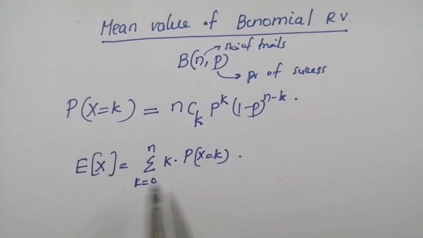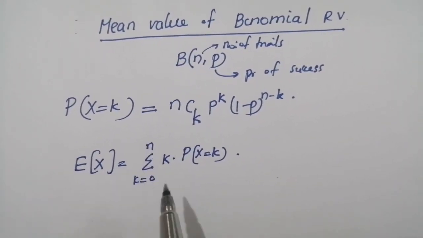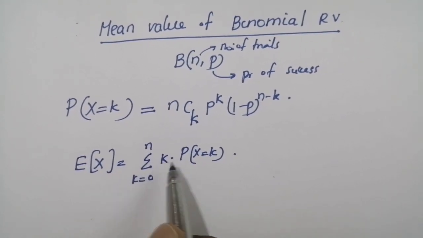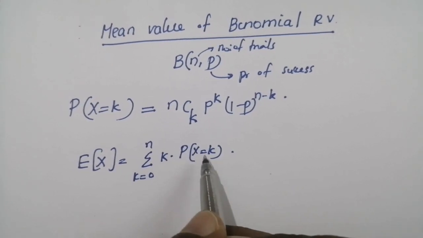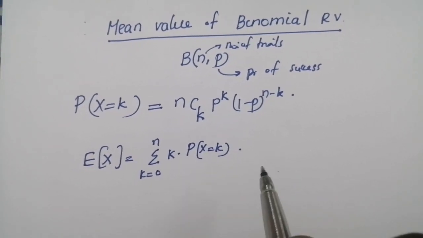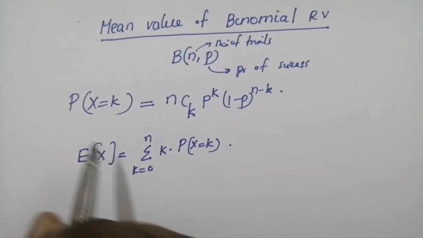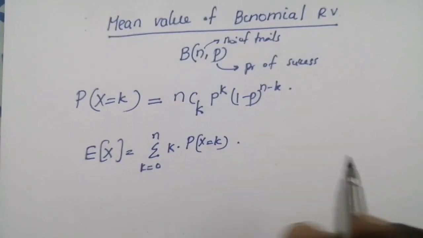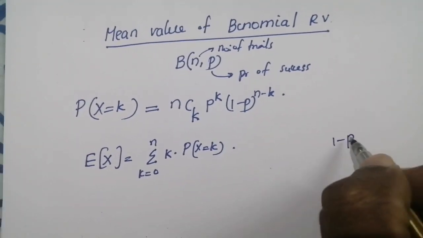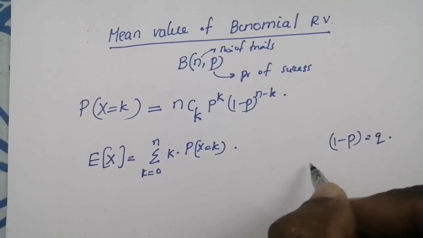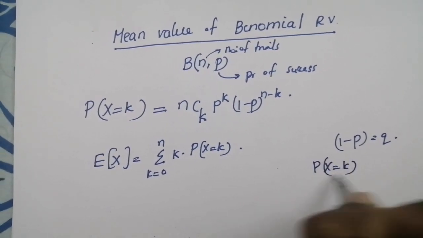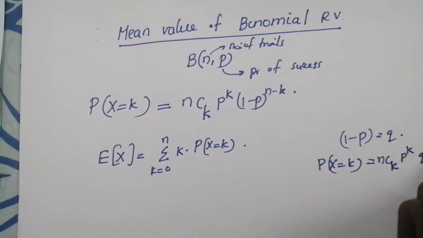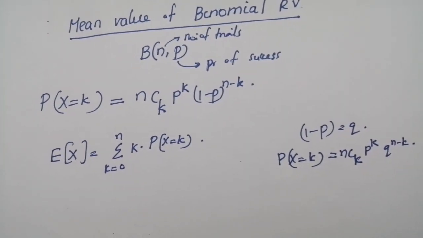That is, the value taken by the random variable is from 0 to n, and we multiply k by the probability that the random variable takes the value k. We know that the probability that X equal to k is nCk p raised to k times (1 minus p) raised to n minus k. Let 1 minus p equal to q. Now the probability that X equal to k is nCk p raised to k q raised to n minus k.